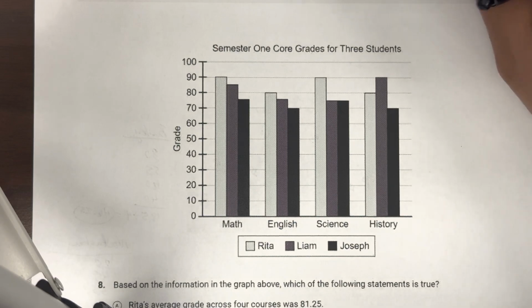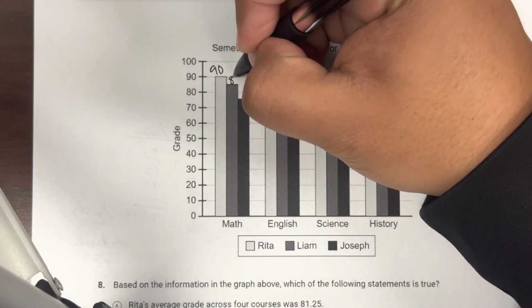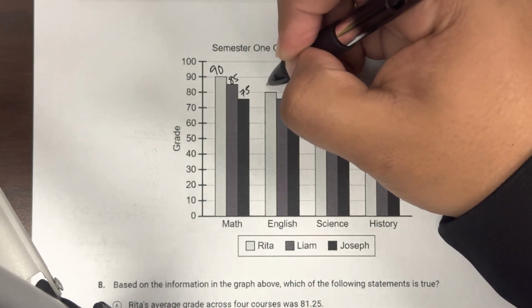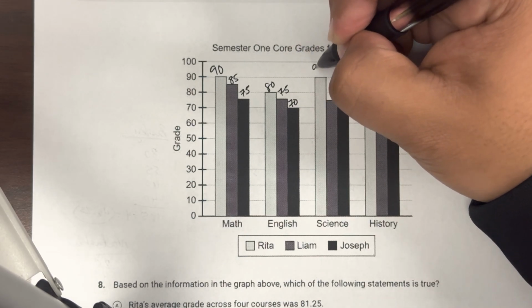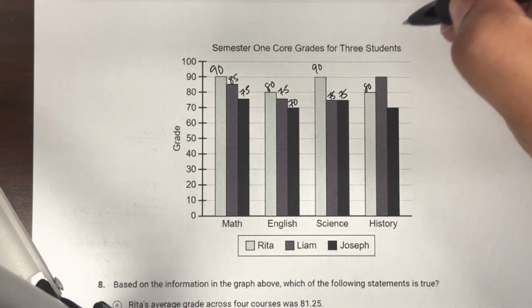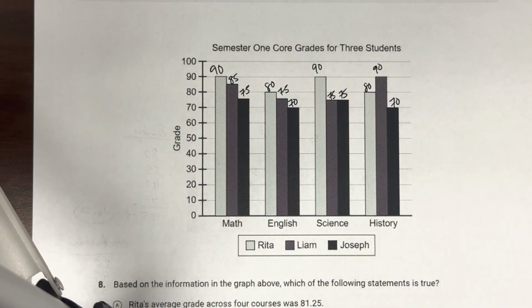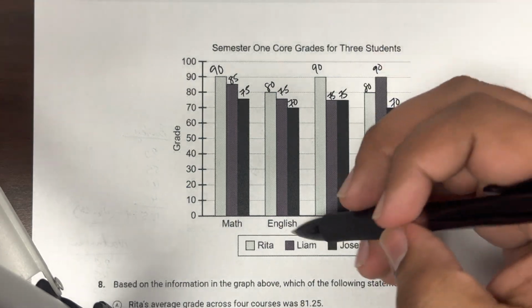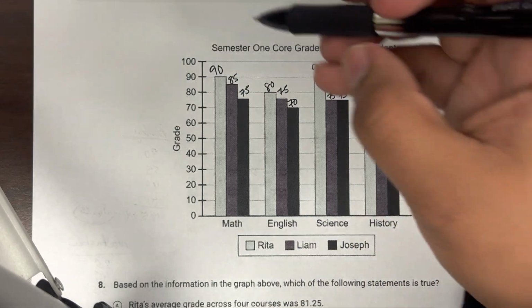Looking at some grades. This is a pretty nice bar graph, so I'm just going to start labeling already. 90, 85, 75, 80, 75, 70, 90, 75, 75, 80, 90, 70. Okay, not too bad. And of course, just because I do want to be proactive, I'm already going to do the averages of each student. So Rita, really fast.